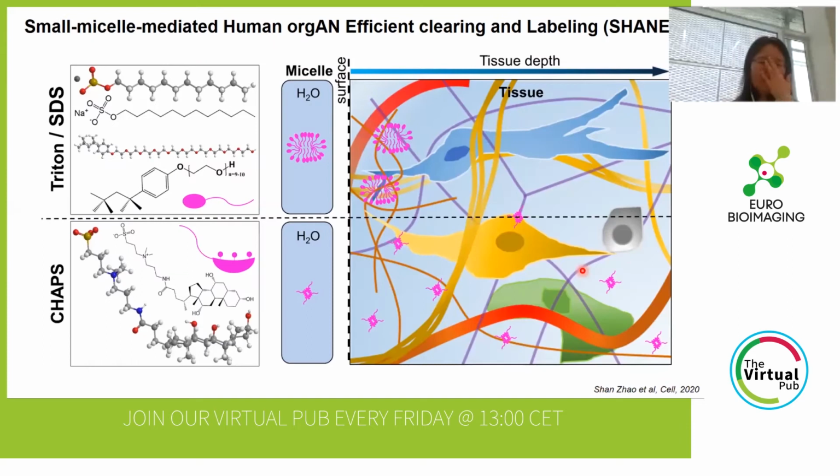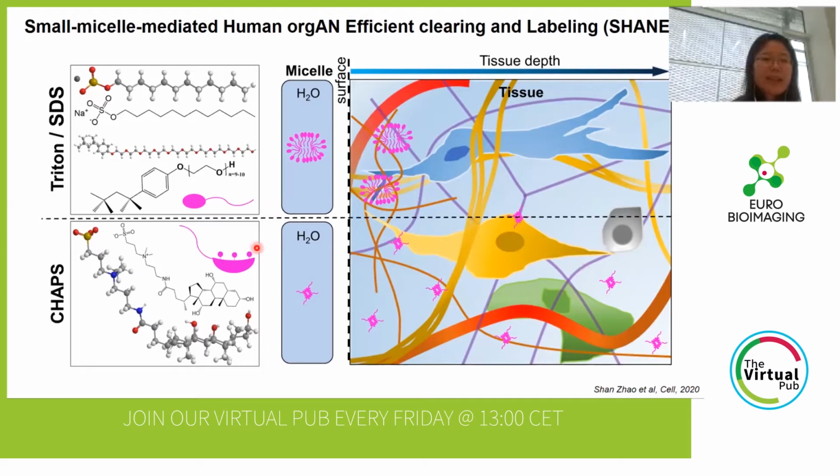So to address all of these problems, we developed the CHANEL technology, based on small micelle mediated human organ efficient clearing and labeling method. Our hypothesis is that traditionally people will use SDS or Triton to permeabilize the tissue.